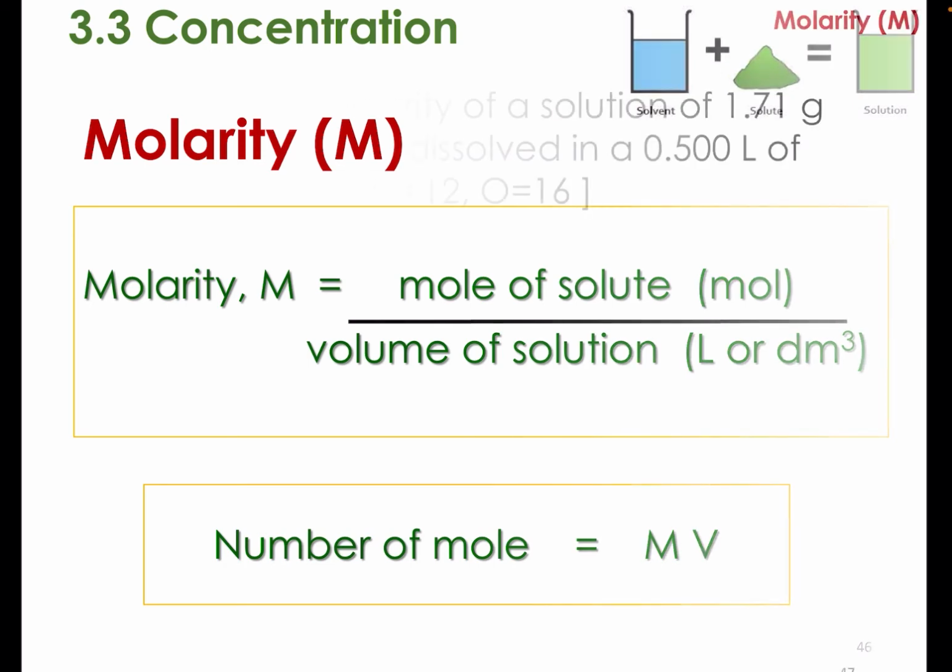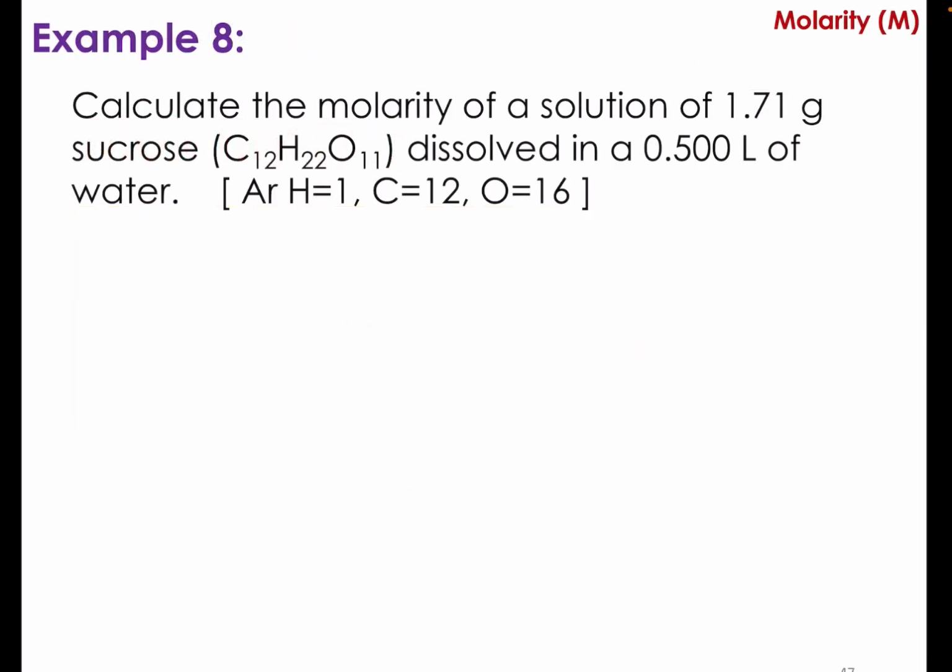So let's try one example. Example 8: calculate the molarity of a solution of 1.71 gram sucrose dissolved in 0.5 liter of water. The first thing you need to do is take out the information, every single value in the question.